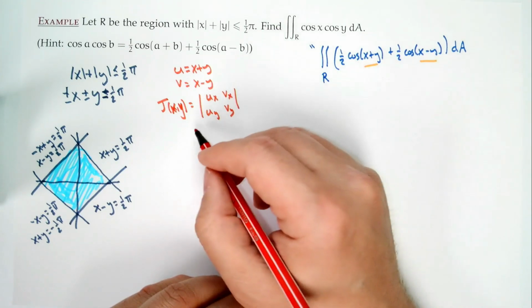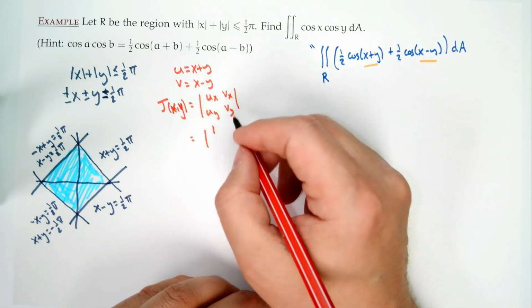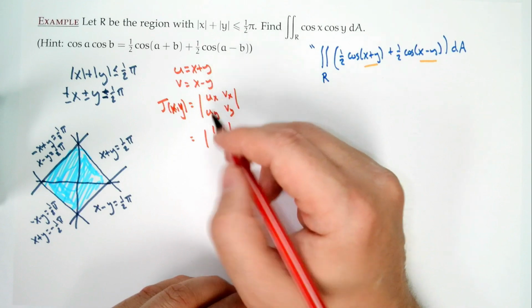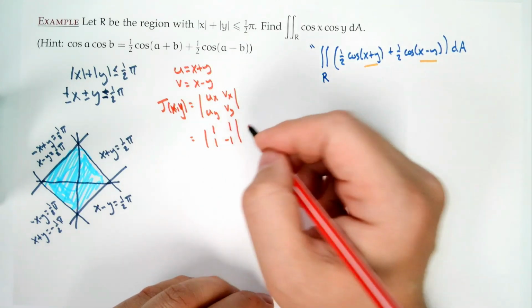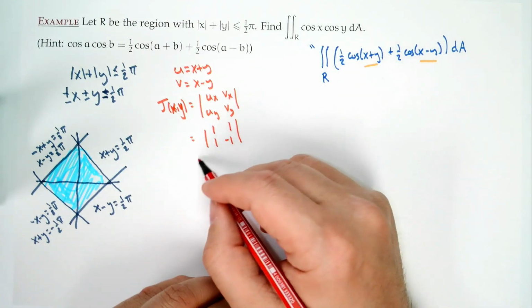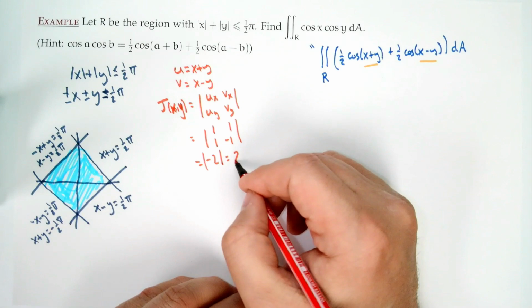That's u sub x, 1, v sub x, 1, u sub y, 1, v sub y, -1. And taking that determinant, it would be -2. But of course, we want the absolute value of that, so we're going to say it's 2.